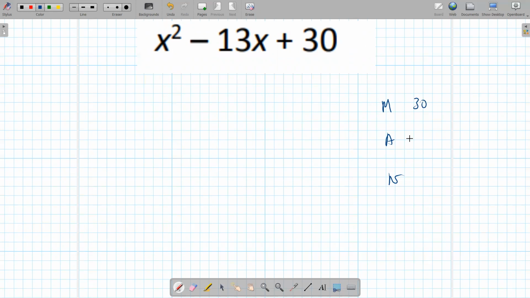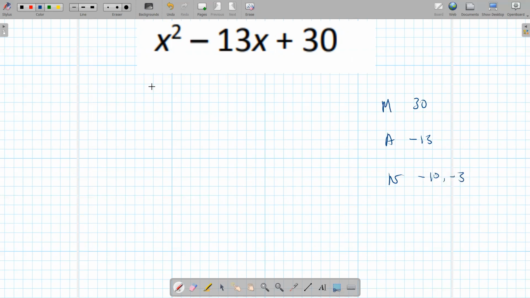Minus 13. The sign is significant. So what are the two numbers? Minus 10 and minus 3. Good.